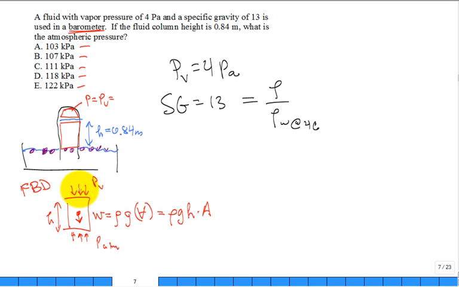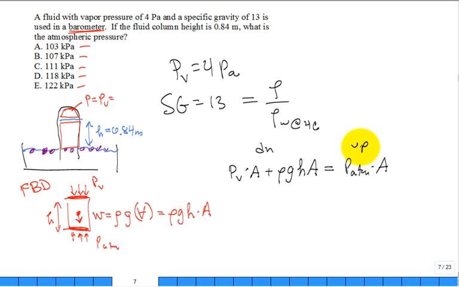So we have the pressure acting along the top area and the pressure acting along the bottom area. We convert those to single forces, so we're going to have PV times area acting down plus the weight, which is rho G H area acting down, equal to the atmospheric pressure times the area acting up. Did I do the two down equal to the up? On my free body diagram, sum of the forces in the Y, cancel the areas.